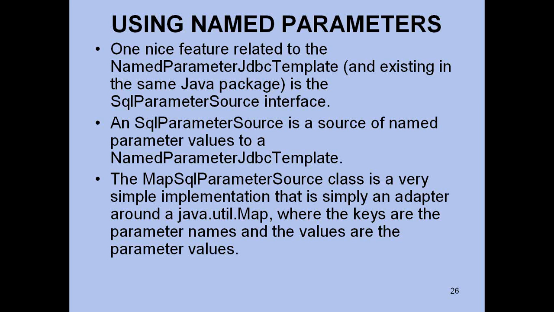So what is this doing? This MapSqlParameterSource is a class written on top of the java.util.Map interface, where the keys are the parameter names and the values are the parameter values. That's a convenient class that you can use to create the map that can be passed to a named parameter JDBC template.